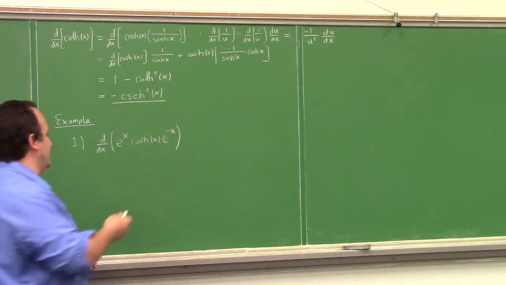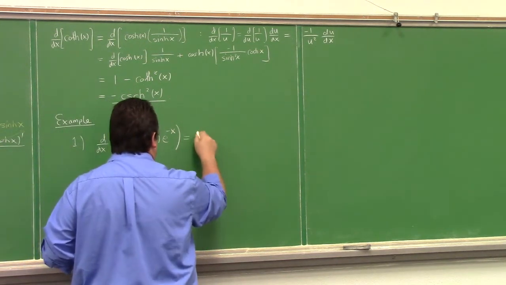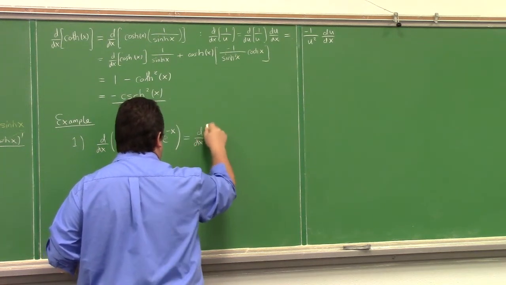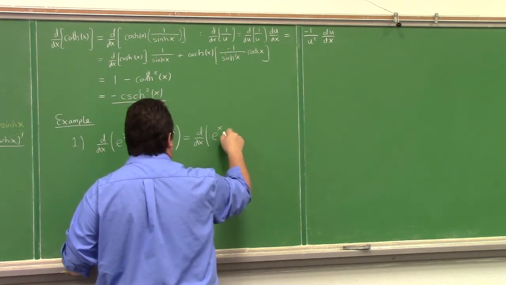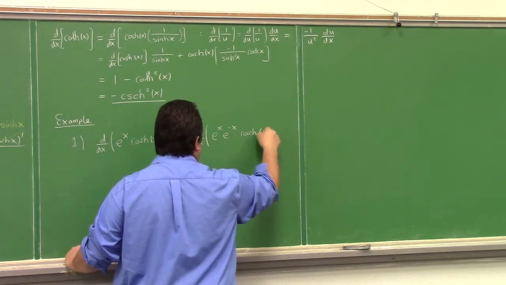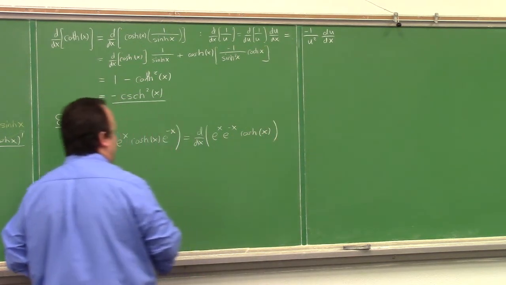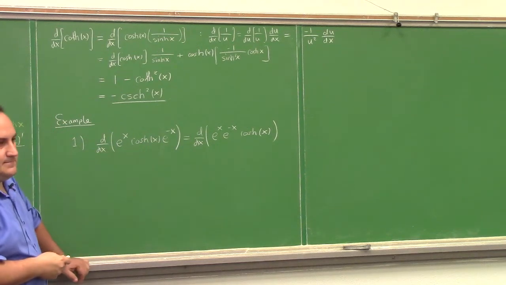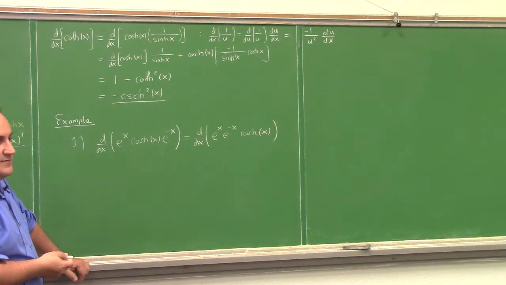Let me write a suggestive step here. These are just multiplications, right? So we can rewrite this as e to the x times e to the minus x times the hyperbolic cosine of x. What's e to the x times e to the minus x? It's 1, right?